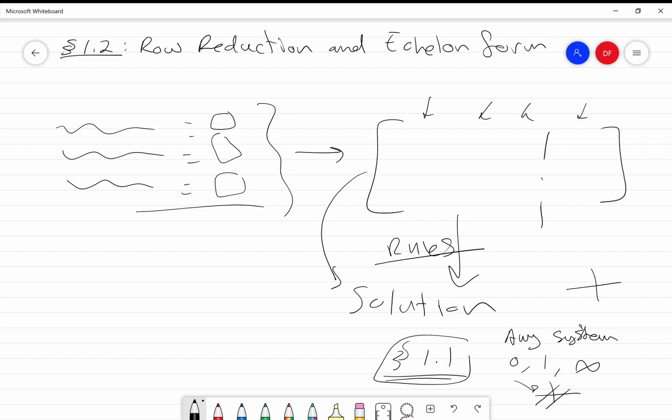For 1 solution, the 2 lines intersect. Right here is the 1 solution. And for infinitely many solutions the lines are on top of each other. Okay. We're going to see what that means in 3 dimensions as well.